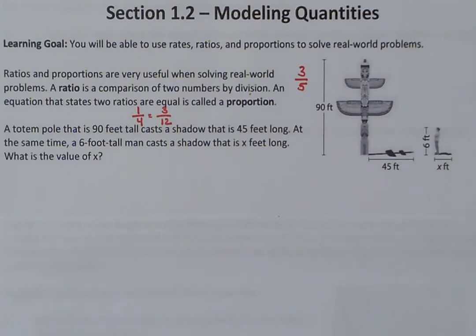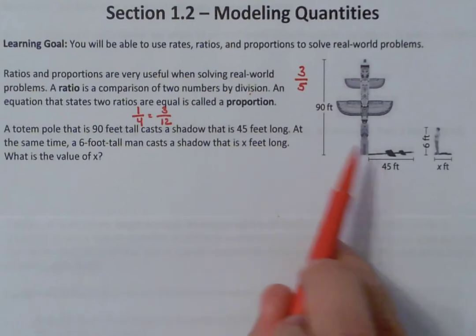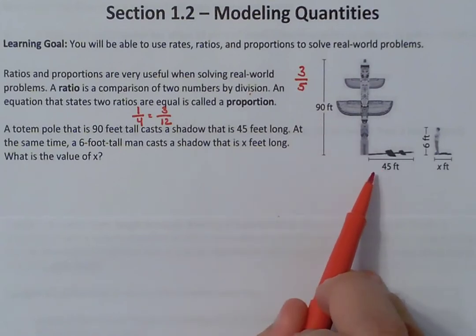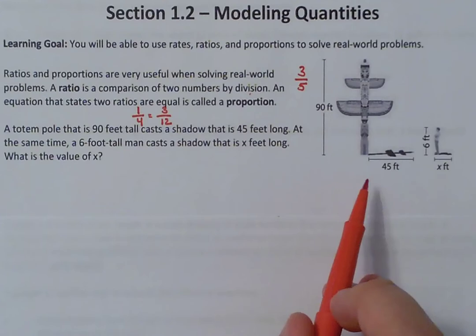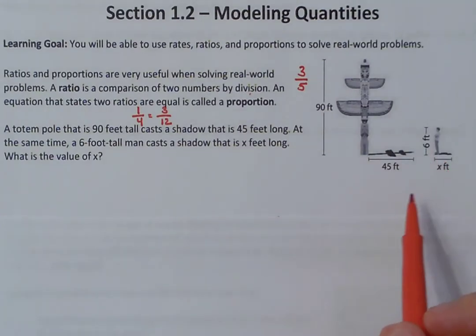All right, so the key thing here is setting up our proportion. Now, when setting up a proportion, there's a couple ways you can do it. You just have to keep the same pattern for each ratio. So, if I want to do a ratio of the totem pole, I could do the height over the shadow, so it would be 90 over 45. That means I have to follow the same pattern for the man. So that means I have to do 6 over x.